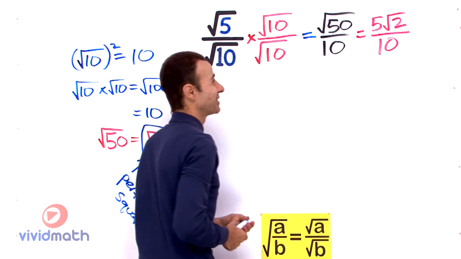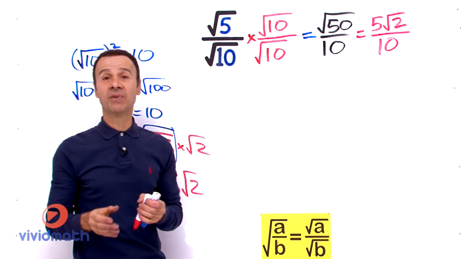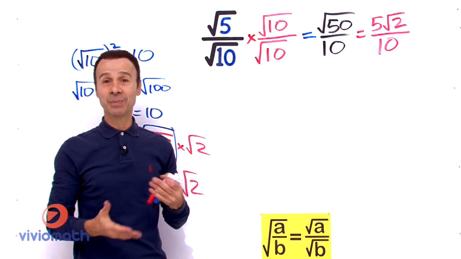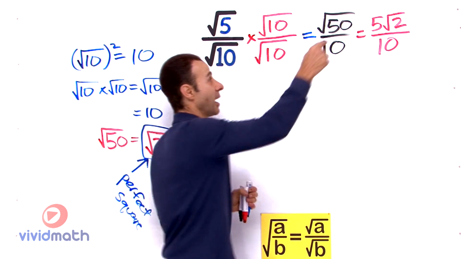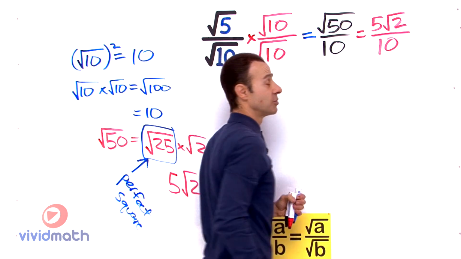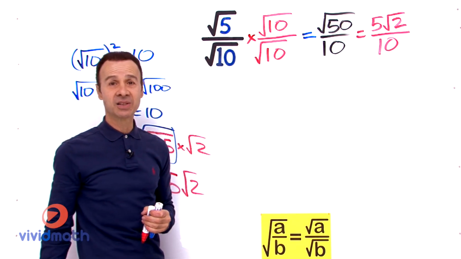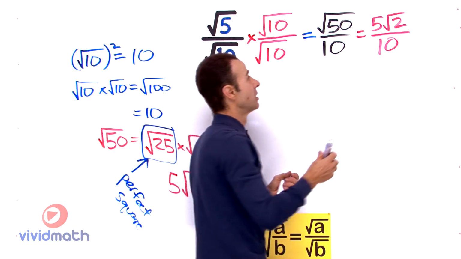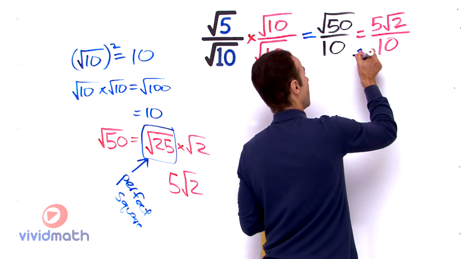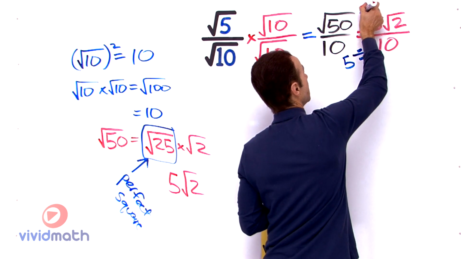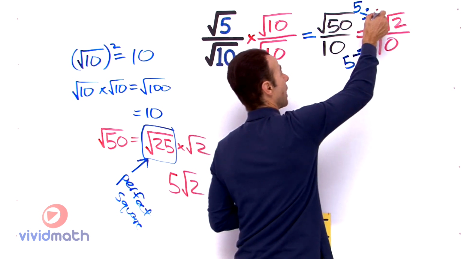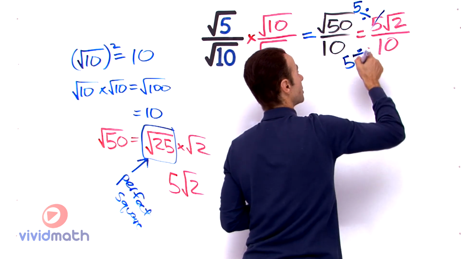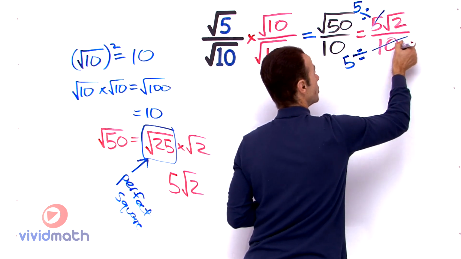Well, 5 root 2 on 10, is there a number we can divide top and bottom by so we can eliminate or reduce it a bit? Well, 5 divides into 5 and 5 divides into 10. So let's divide top and bottom by 5. 5 into 5 gives us 1, so that cancels. 5 into 10 goes in 2 times.